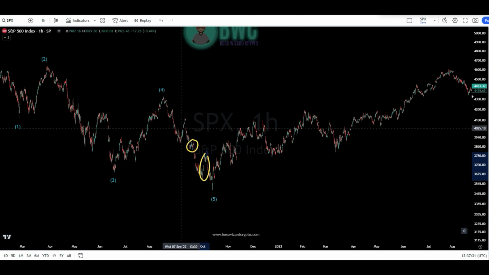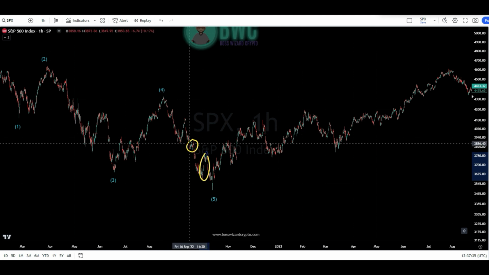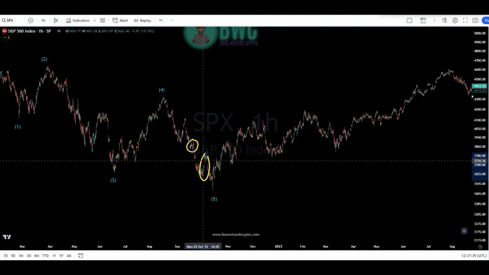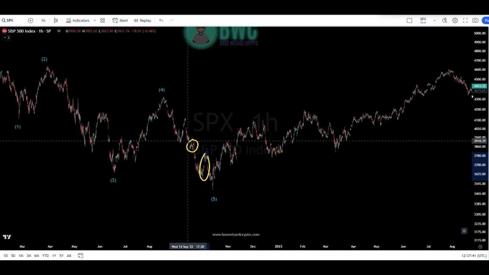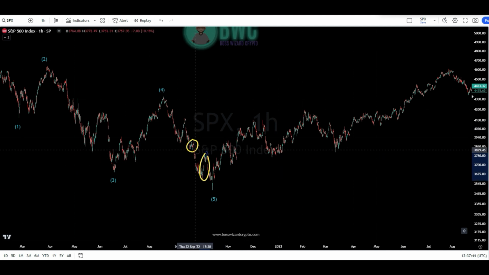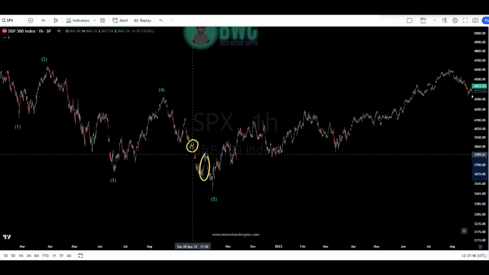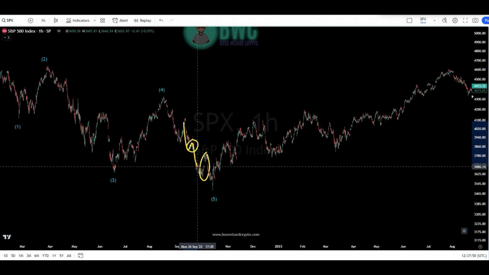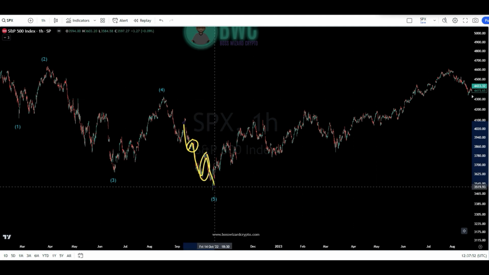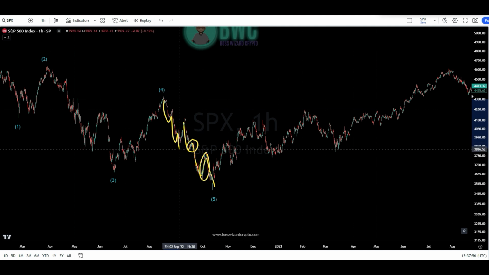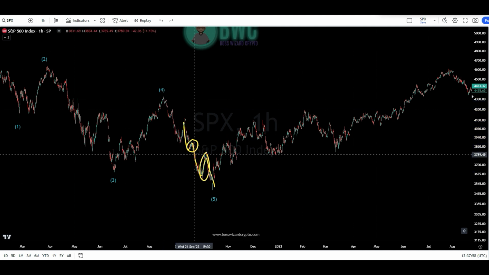So while it appears that these two are the same degree, in reality, I think it's more probable that these two are the same degree, because you have alternation there, and you have every rule met. 3 extends past the end of 1. 3 is not the shortest wave. You have alternation in your 2 and 4. Therefore, this is an impulse, which leaves you with only 2 impulses.